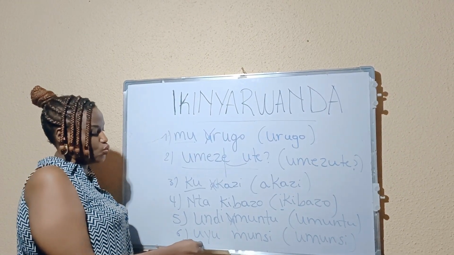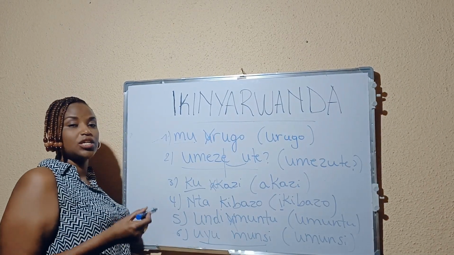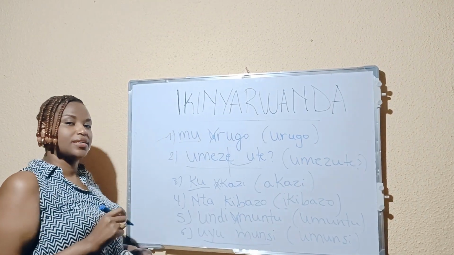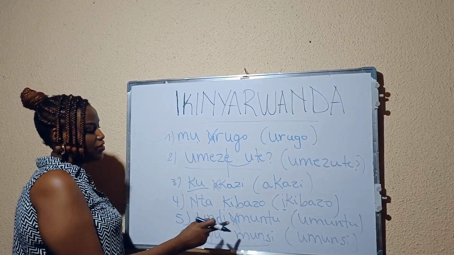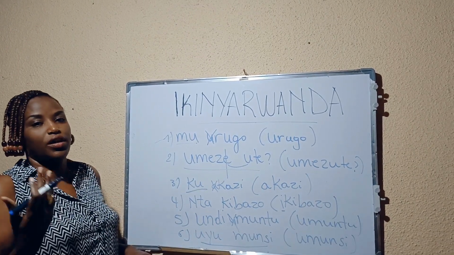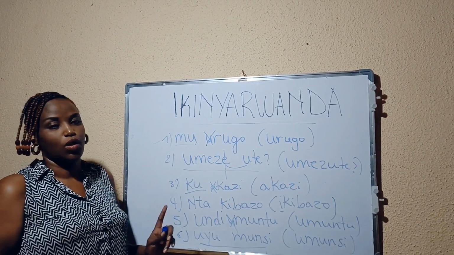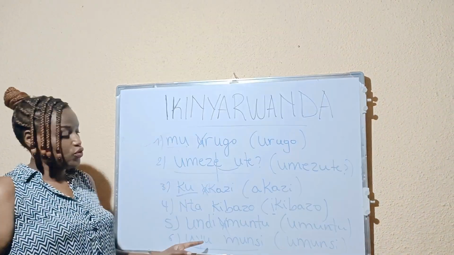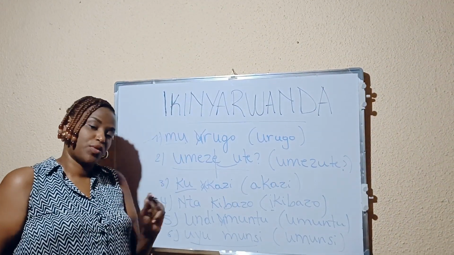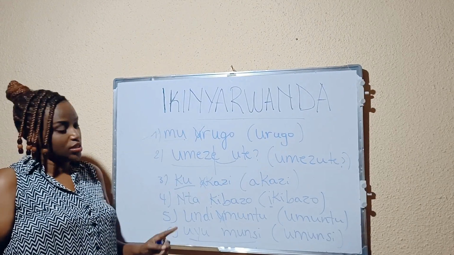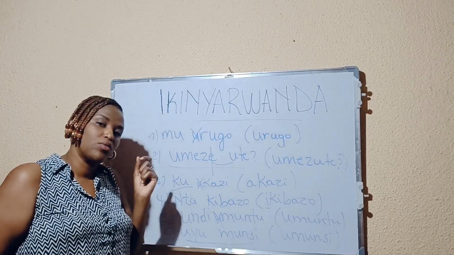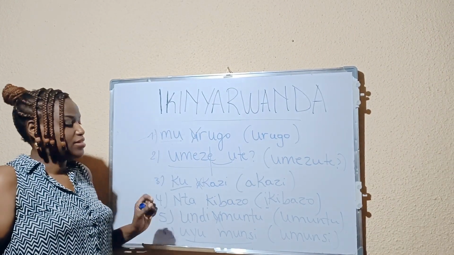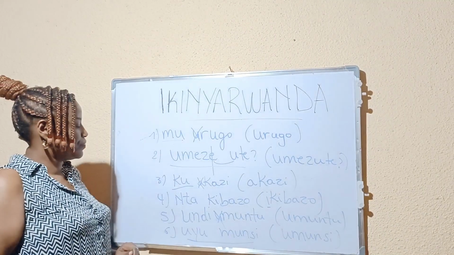When you say uyu munsi, in English it equals today, even if literally it means this day. But it is today, that's what we say in Kinyarwanda. So please don't spell it together, because those are two different words that we need to separate. It sounds like one word, but it is a mistake to write them together.